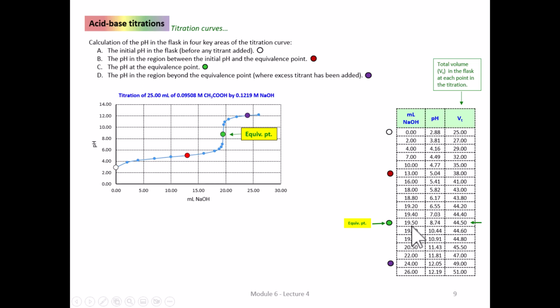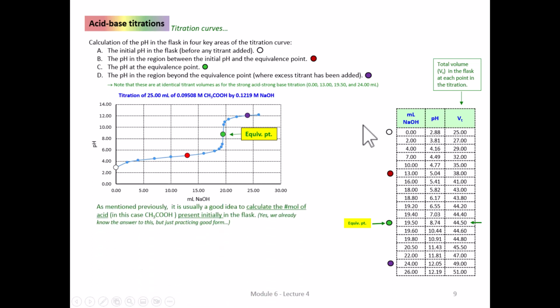These 4 points, where there's 0, 13, 19.5, and 24 milliliters of sodium hydroxide added, again, are the same points we looked at in the strong acid titration.